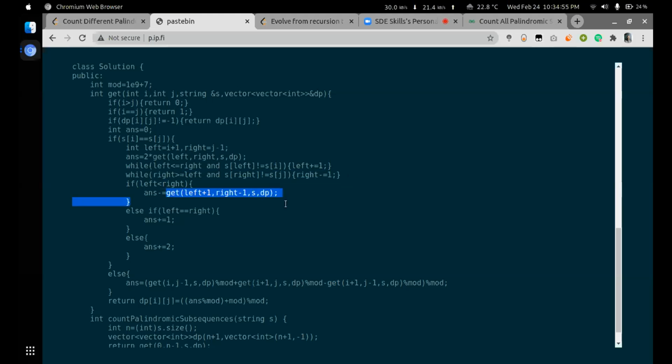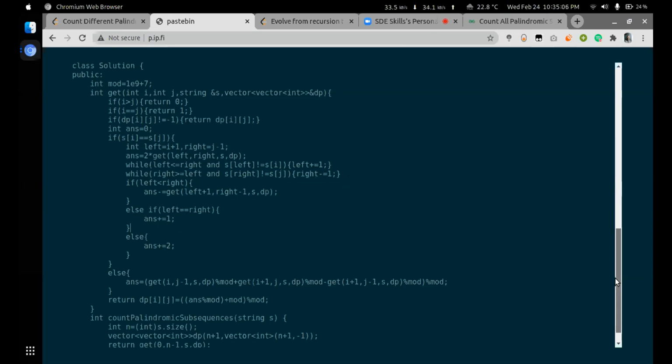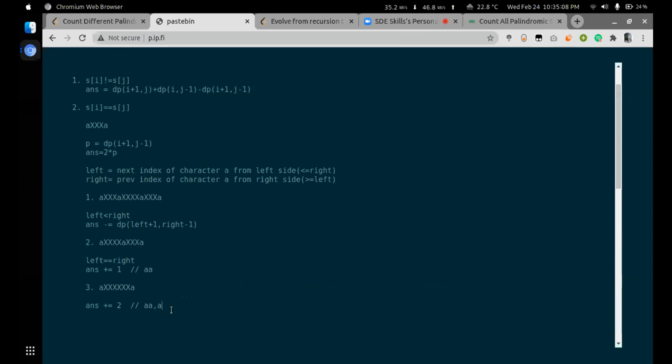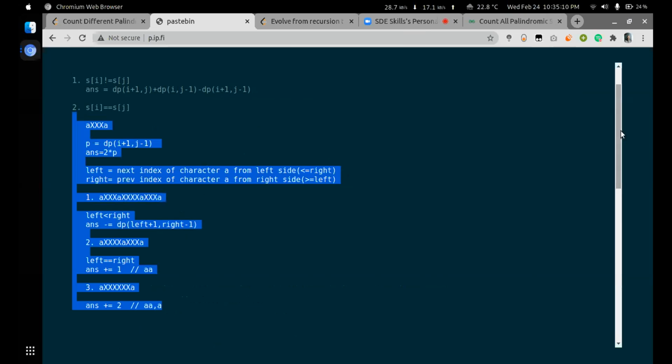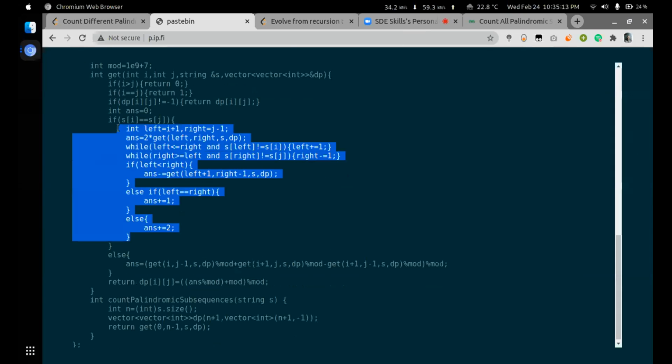If both are the same, there is one a present, so I add one. If none of the two conditions are satisfied, I add two. Only this part is implemented in this if-else statement.